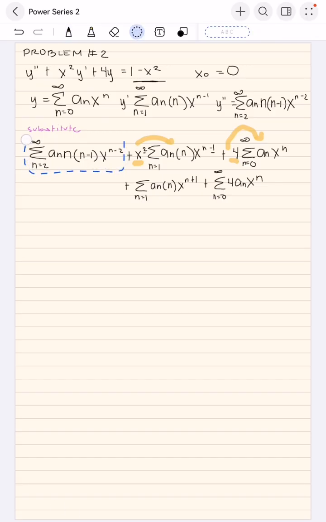Now this one and this one would be absorbed here, so this is the summation of (n minus 1) a_n n x^(n+1), plus this one, equals 0.